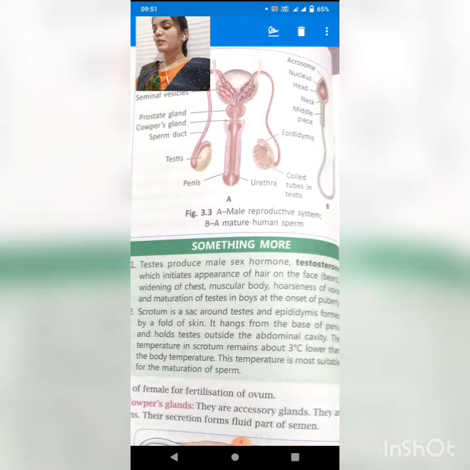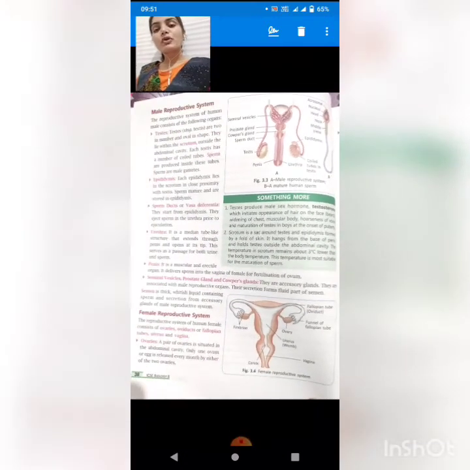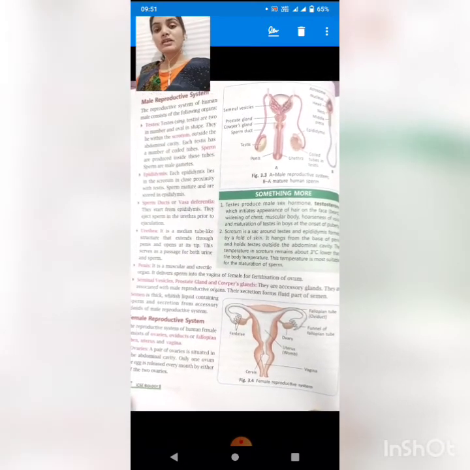It delivers sperm into the vagina of the female for fertilization of the ovum. As I told all of you, it is only responsible for the copulation process. Now what is the copulation process, students? Copulation means when the male gamete is ejected inside the female body.